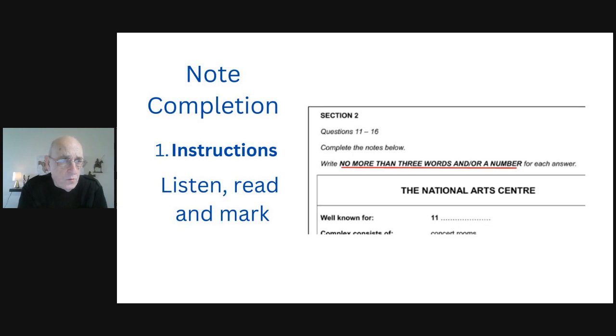So this could be 2 words and a number, 1 word and 2 numbers, or 3 words and a number or less, as long as you have no more than 3 words. And be sure to underline it to make sure that you won't be second guessing yourself and have to go back and check the instructions as you're writing in the words and completing the questions.